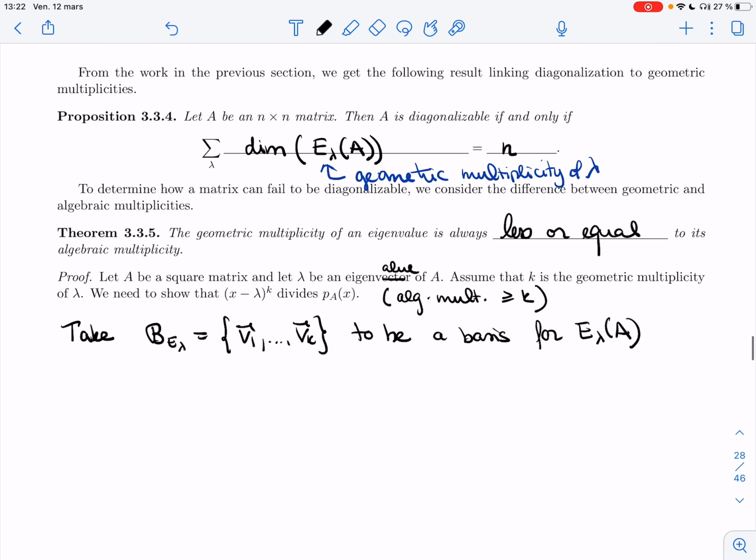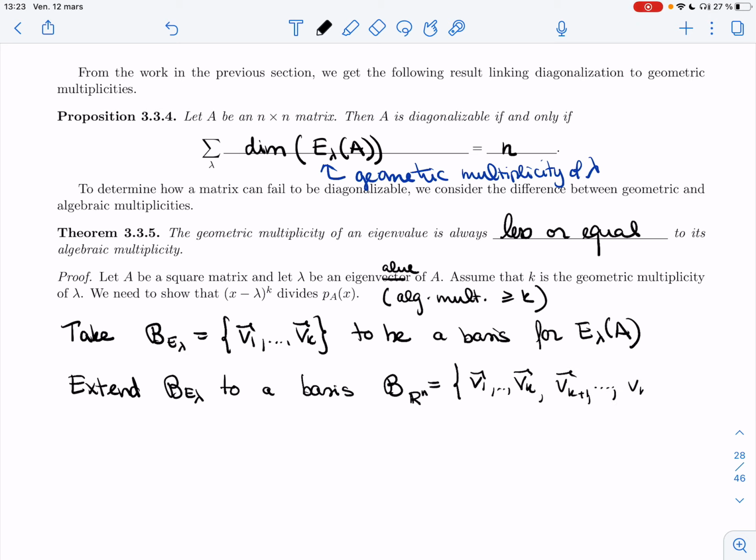All right, so we're going to start with these vectors, and then we're going to extend that basis to a full basis for R^n. So we'll start with v1 through vk, and then we'll put other vectors, v_{k+1} to v_n.